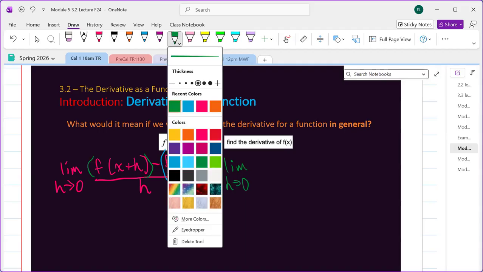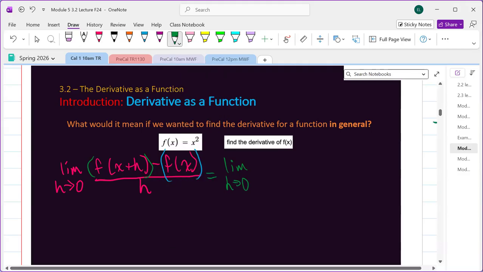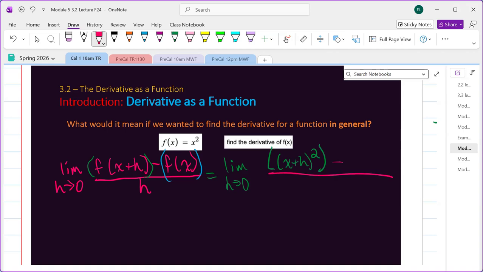Then f of x plus h: our function is do the thing squared, so our thing is x plus h squared. And then we're going to minus f of x. F of x in this case is just x squared.